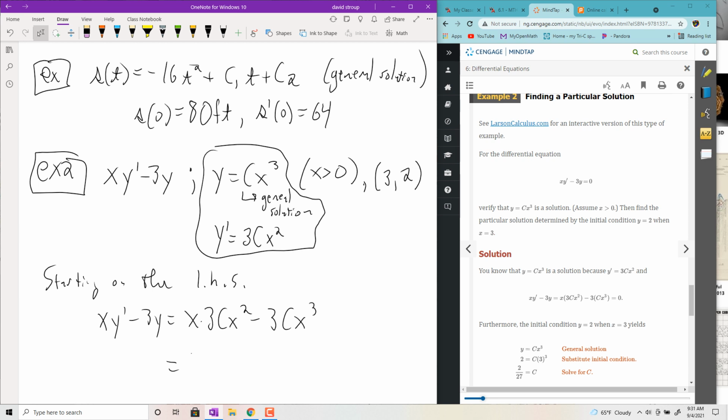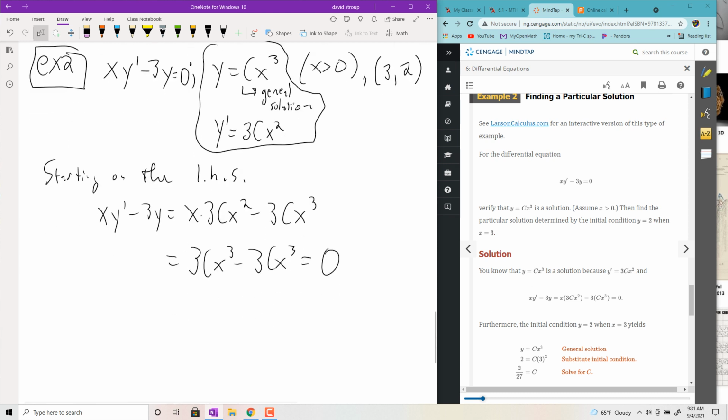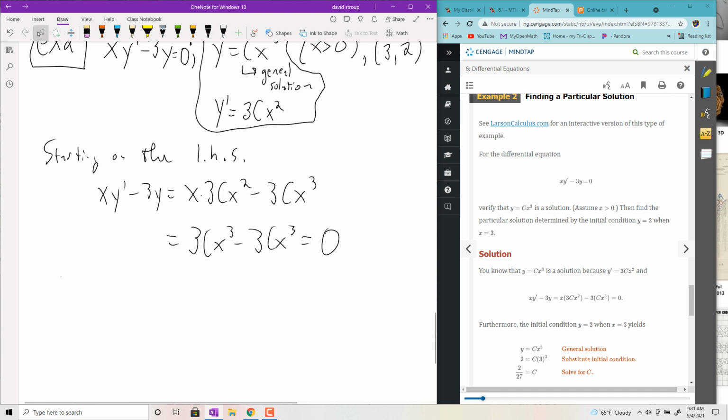And of course, that'll be 3cx cubed minus 3cx cubed. Whoops, and I forgot to write in the other side of the differential equation. And then that'll equal 0, which proves it's a solution. So it's a solution.